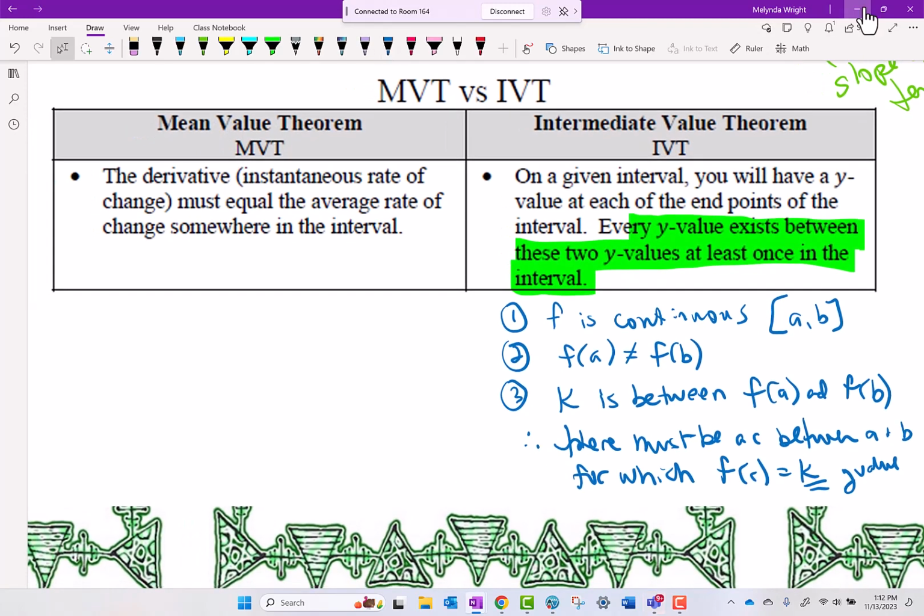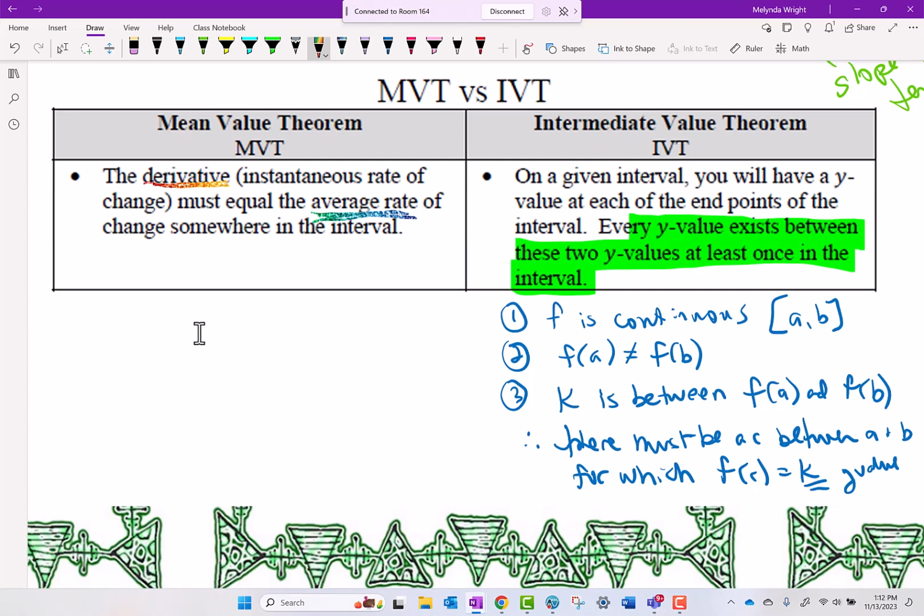MVT branches out from just comparing a function with itself. It's comparing the derivative with the average rate of change. That's what it's doing. So it has to mention something about a derivative and average rate of change to use MVT.